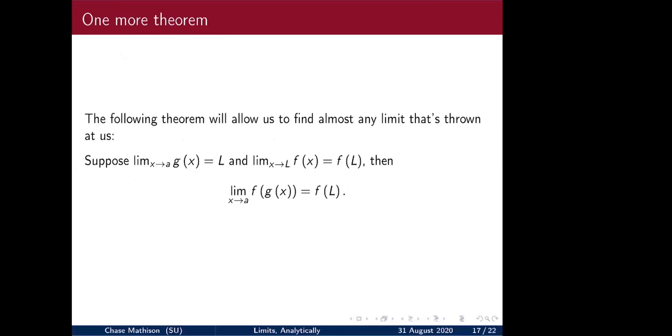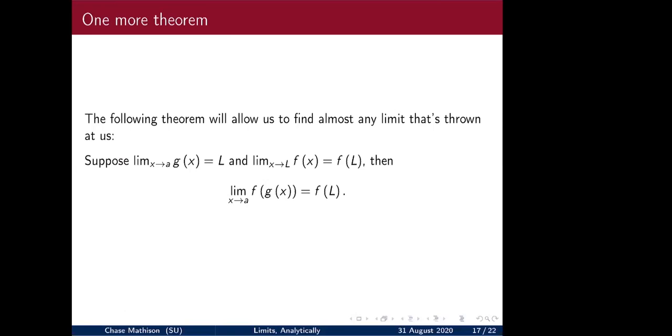Okay, so with just one more theorem, we'll be able to calculate almost every single limit that's thrown at you. We'll need to learn a few techniques to make functions look nice enough to use these theorems, but you'll be able to calculate almost any limit I throw at you. So the following theorem will allow us to do that.